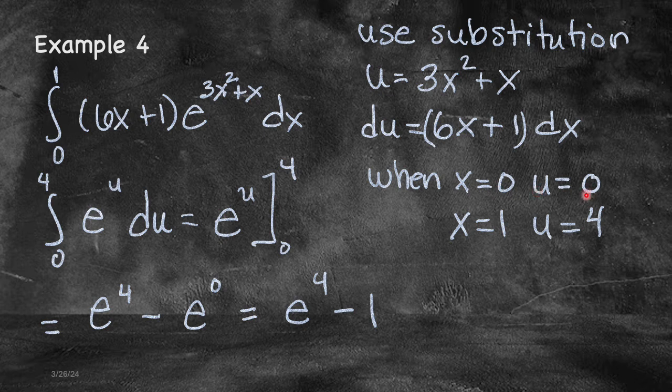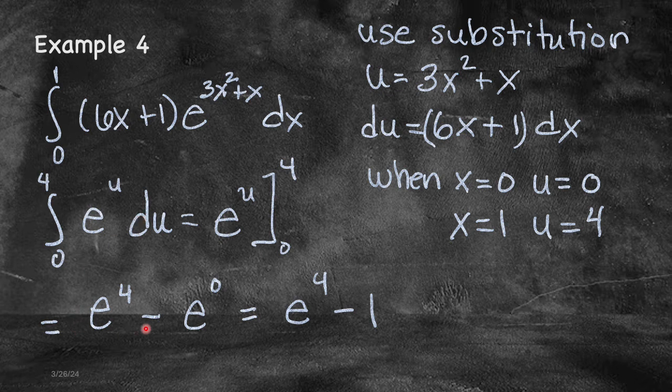So the lower limit is not going to change. However, when I plug in 1 for x to check my upper limit, that's going to give me 3 plus 1, which is 4. So I need to replace that upper limit with 4.